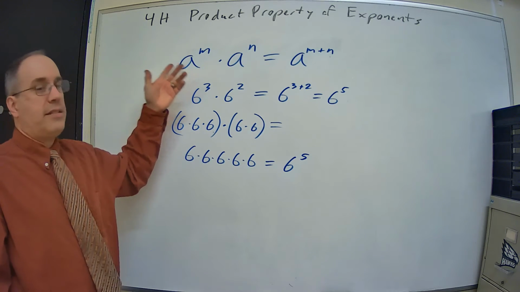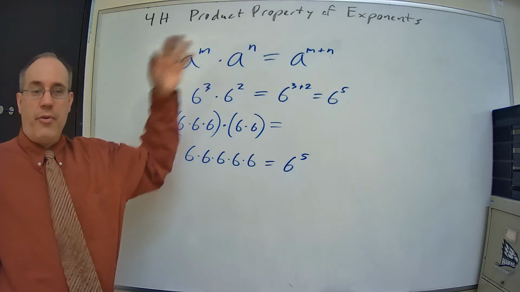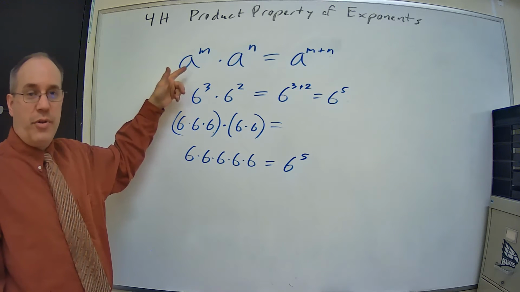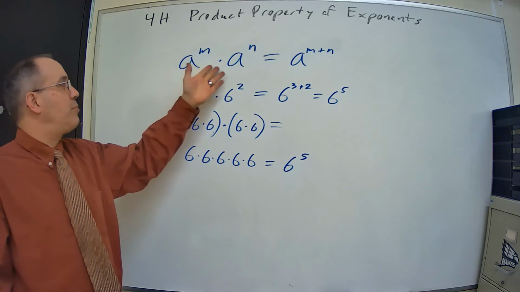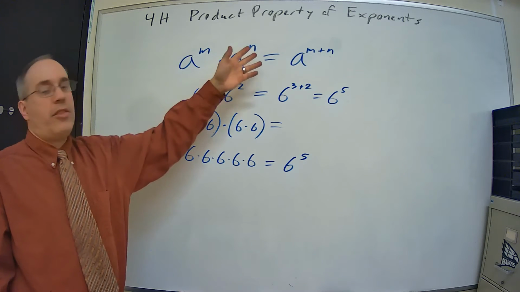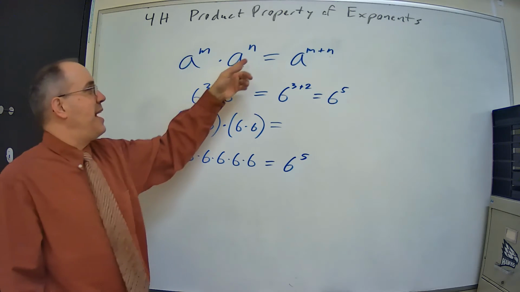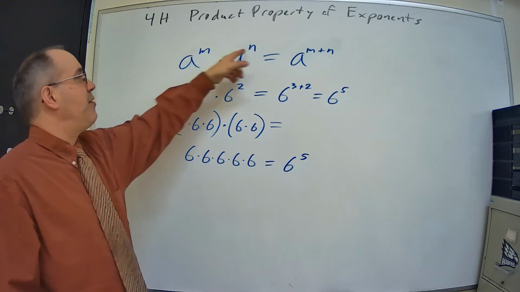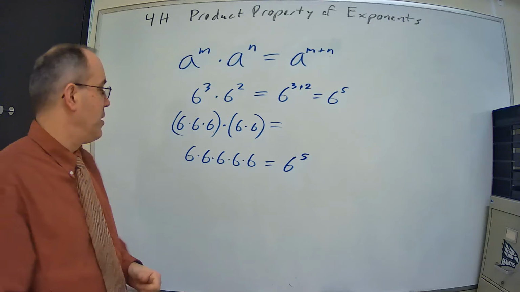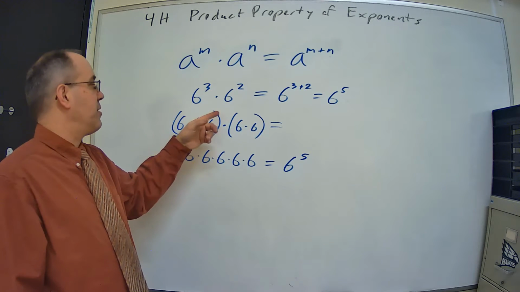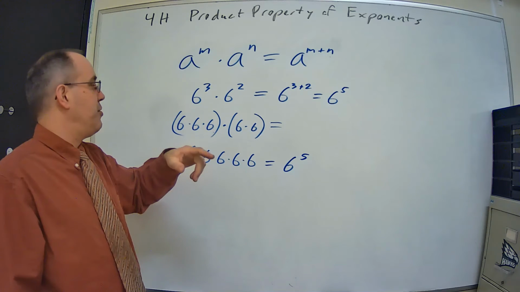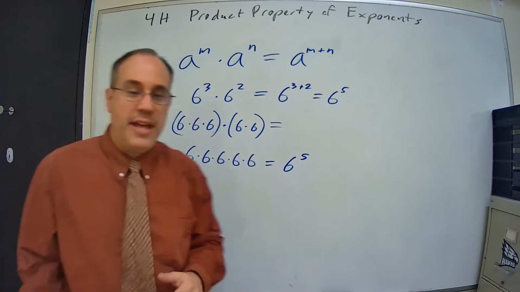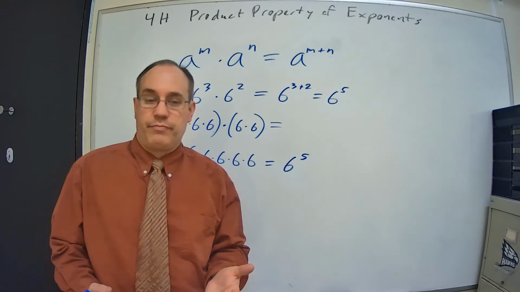If we realize that any number raised to a power is just that many of that number, and we multiply it by that number raised to another power, which is that many of them, then in total you're going to have this many of them plus that many of them. So if we have 6 to the 3 times 6 to the 2, we're going to have 6 to the 5th. But that's really what it's saying.